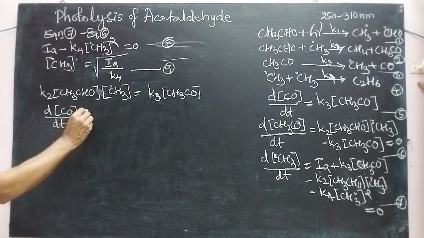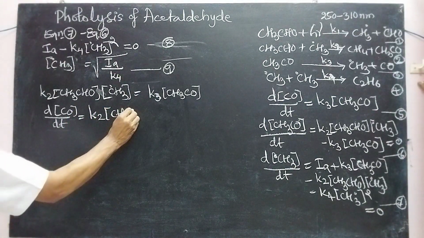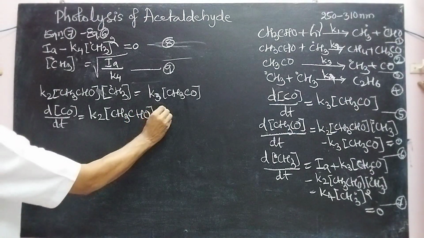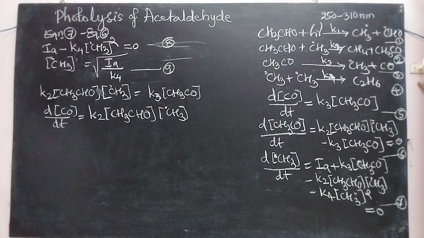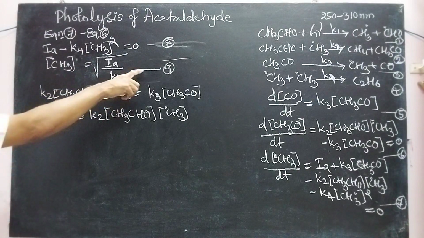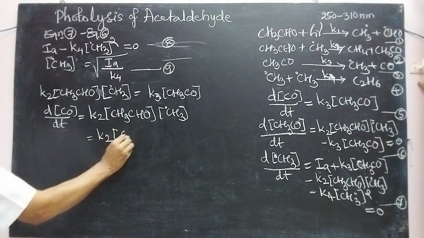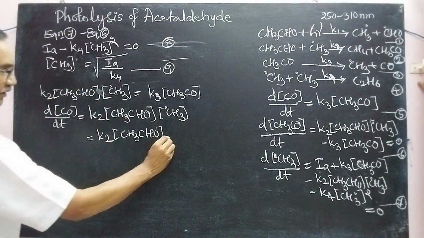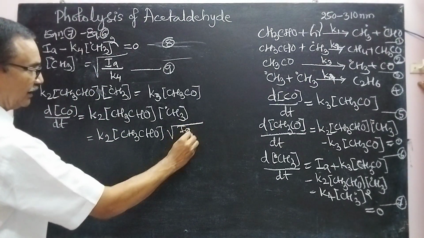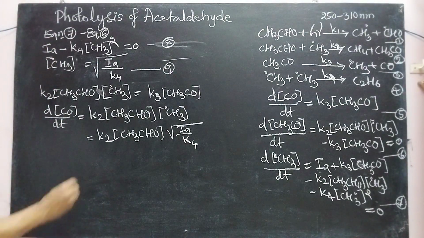Thus we can write this is equal to K2 concentration of CH3CHO into concentration of CH3 dot. Okay, thus you can substitute the value of CH3 dot in this equation. That is equal to K2 into concentration of CH3CHO, acetaldehyde, and CH3 dot is equal to square root of Ia divided by square root of K4. Okay, thus we can rearrange this.